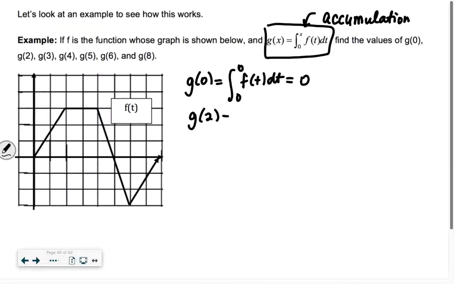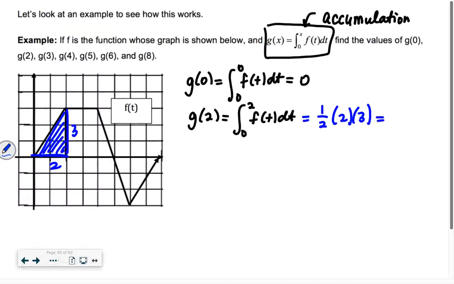If I want g of 2, I'm integrating from 0 to 2 of f of t dt. That represents this area under the curve, which has a base of 2 and a height of 3. So it's 1/2 base times height, and we end up getting 3.